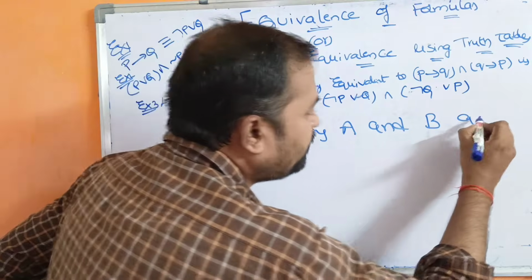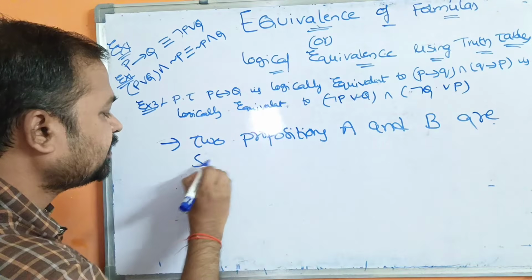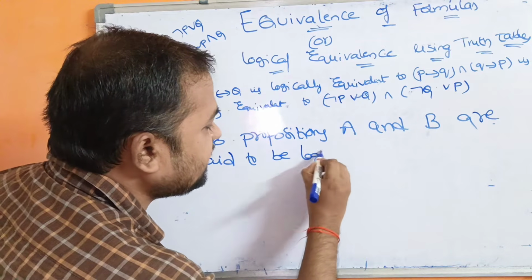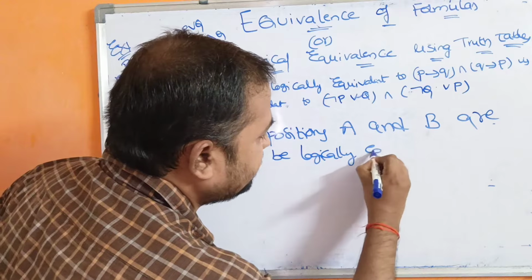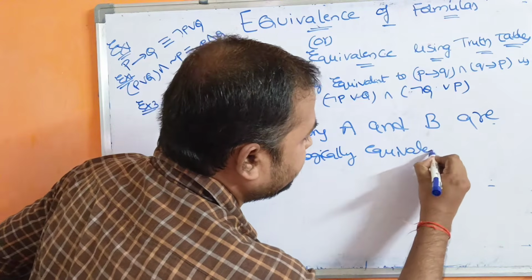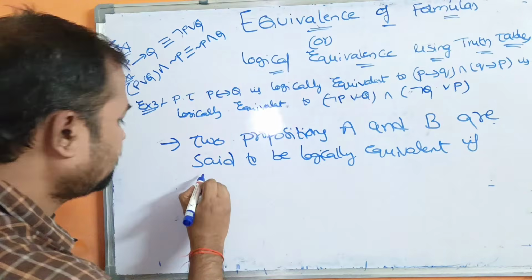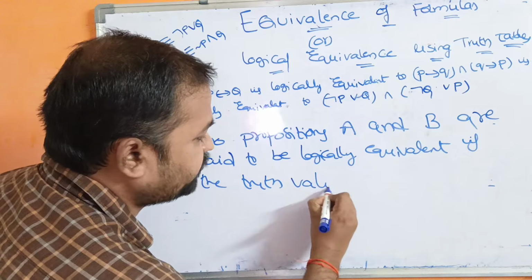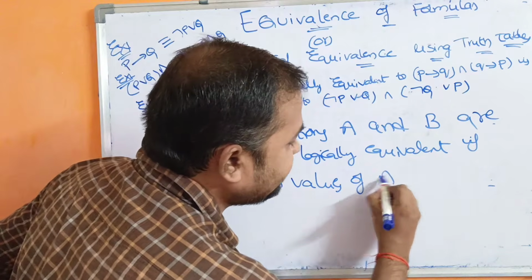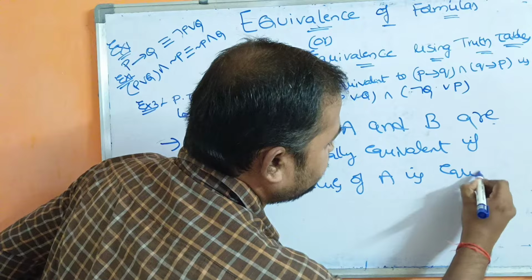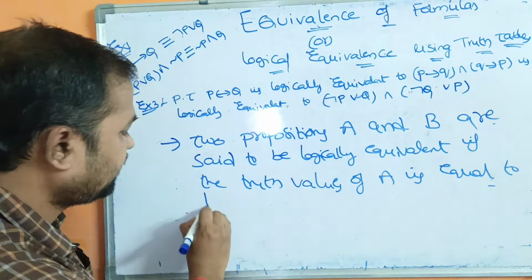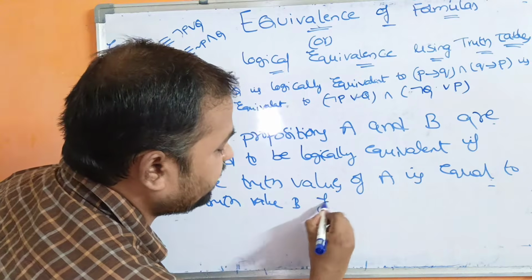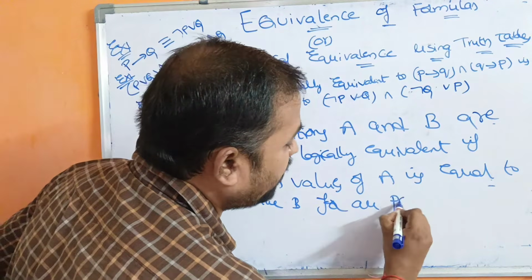Two propositions A and B are said to be logically equivalent if the truth values, which may be either true or false, of A are equal to the truth values of B for all possible 2 power n inputs.